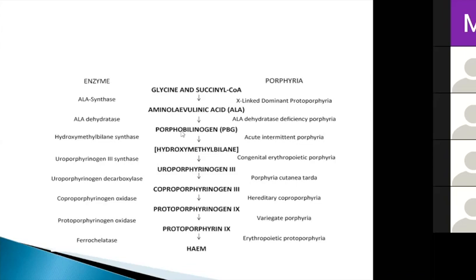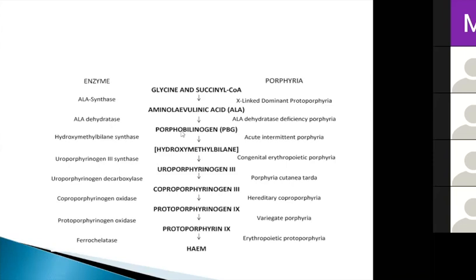The third acute porphyria is in the 5th step. It's known as hereditary coproporphyria. It occurs when there is mutation in the genes that encode coproporphyrinogen oxidase. Hereditary coproporphyria is also rare as opposed to acute intermittent porphyria and variegate porphyria.